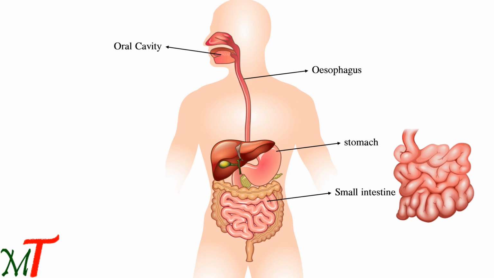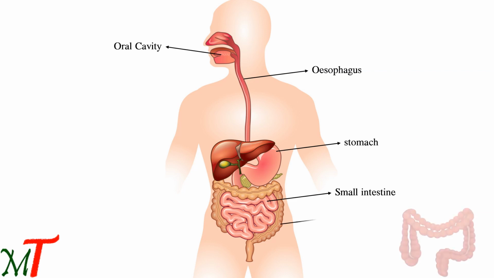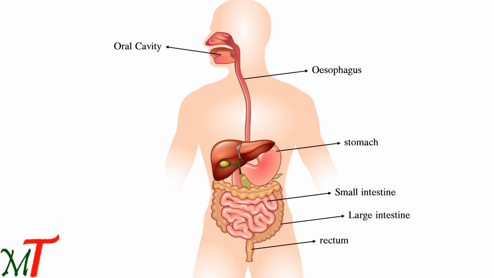Okay, next the small intestine joins to the large intestine. The end part of the large intestine is called the rectum. It opens to the anus. These are the main parts of our digestive system.